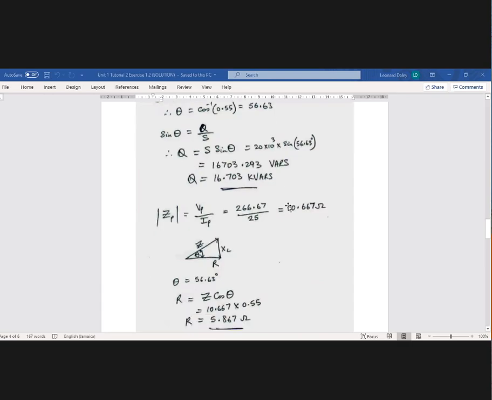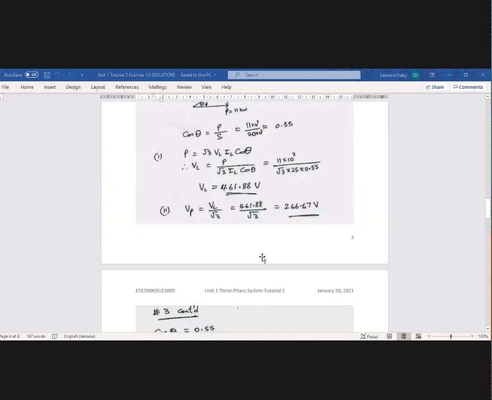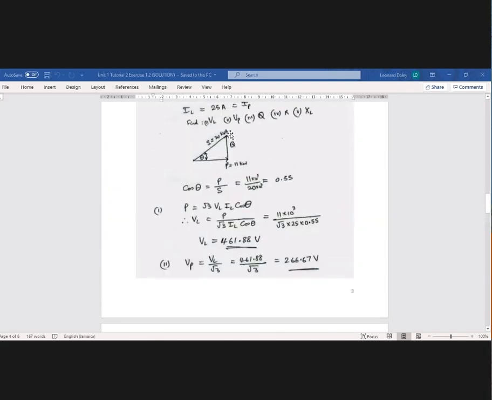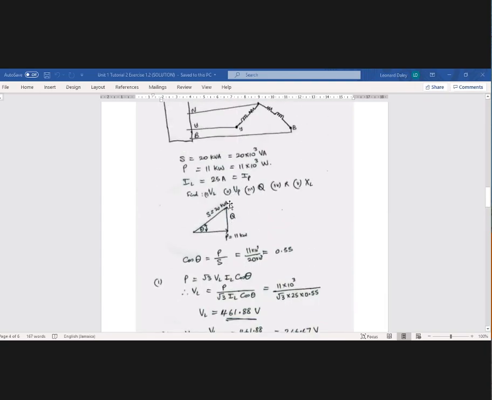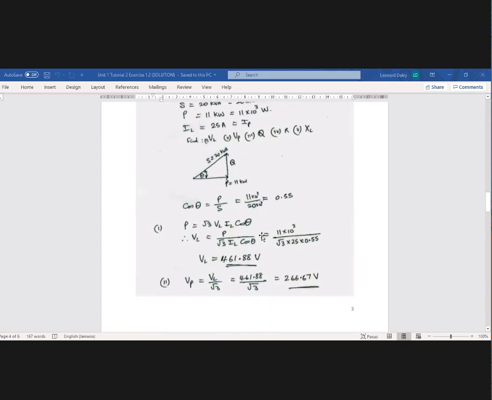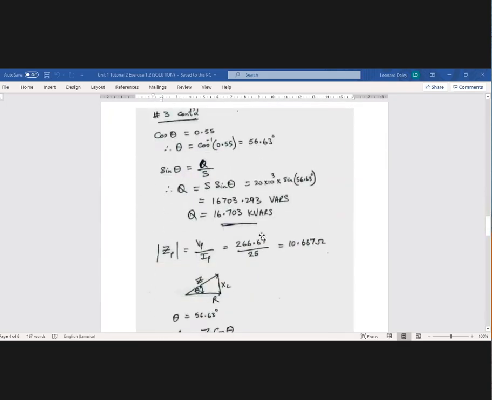Sir, for sine theta equals Q over S, shouldn't it be negative Q? No, since it's an inductive reactive load, it's a positive Q. When it is capacitive, it becomes a negative Q. So lagging is what the current is doing, but that doesn't necessarily mean that is what the reactive power is doing.